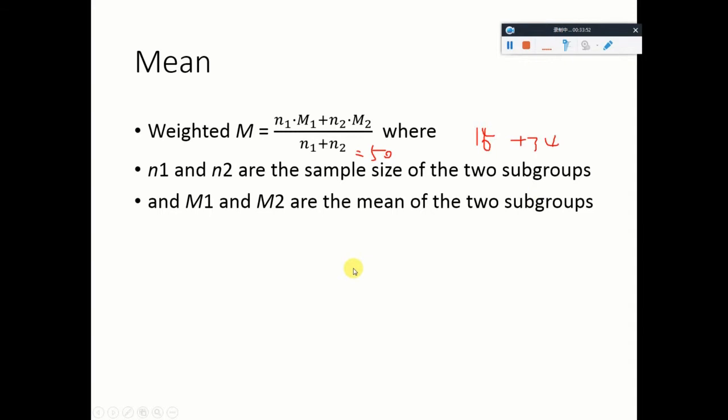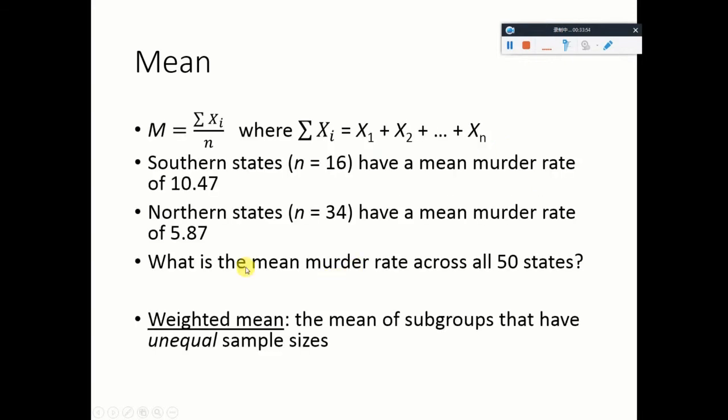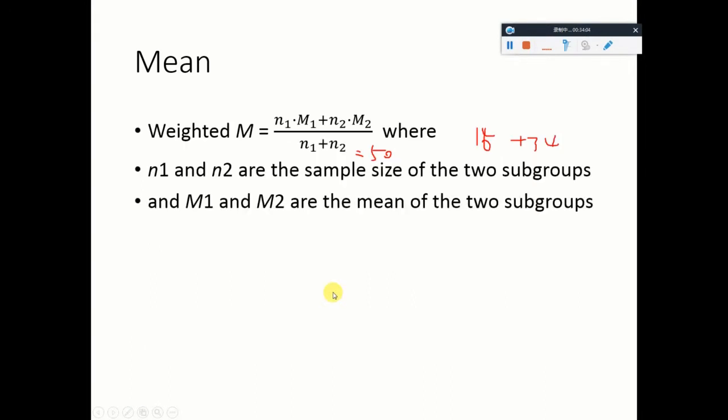Okay, so what are they in our previous example? 10.47, 5.87, right? So it will be 10.47, and 5.87.